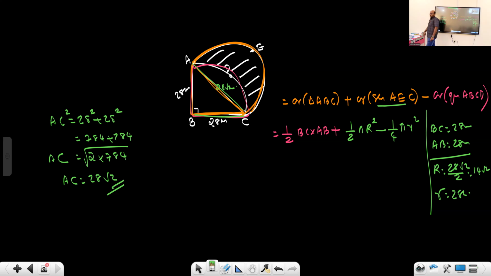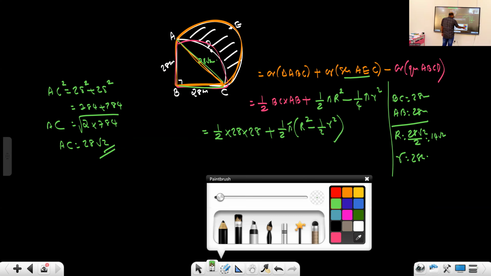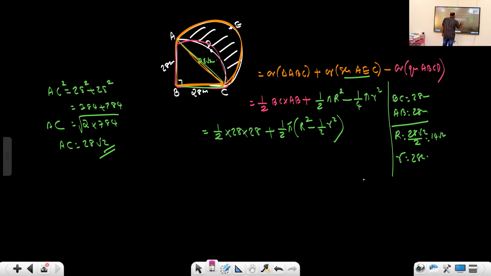Substitute and try to simplify. You don't need to take a common term out, everything gets cancelled, I think, because everything is a multiple of 7 only. So this will be 1 by 2 into plus. If you want, 1 by 2 pi you can take it out. It's your choice. R square minus 1 by 2 R square. Same as the previous formula, only the shape is different. Smartly cancel it.